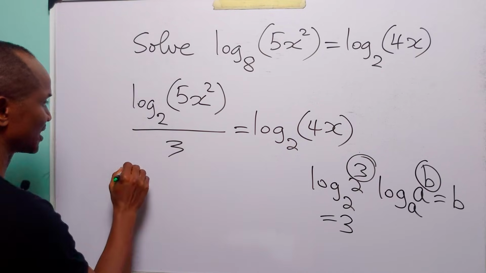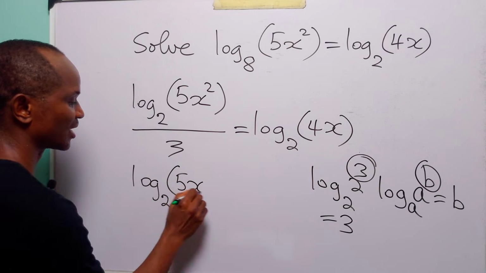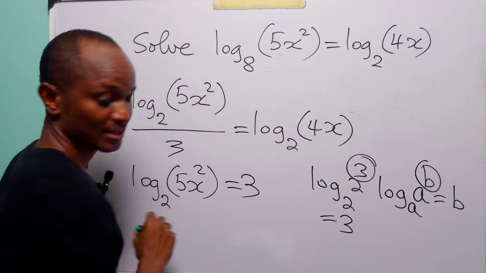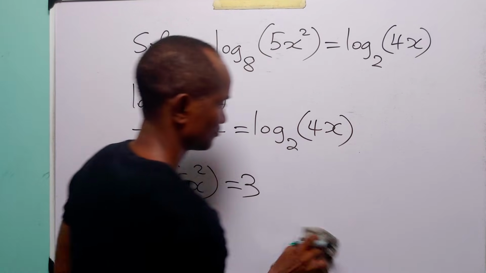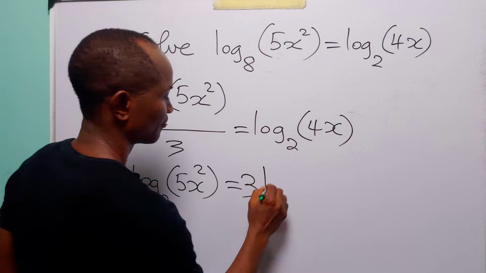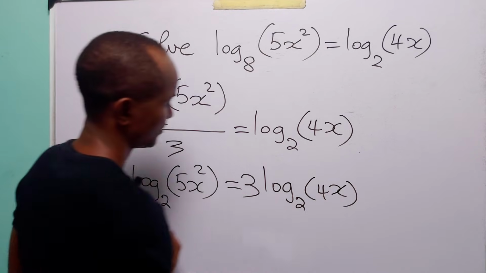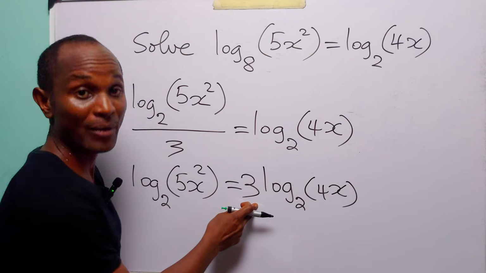When we do that, we have that log to base 2 of 5x squared is equal to 3 times log to base 2 of 4x. Now, the next thing we are going to do will be to apply the power rule.